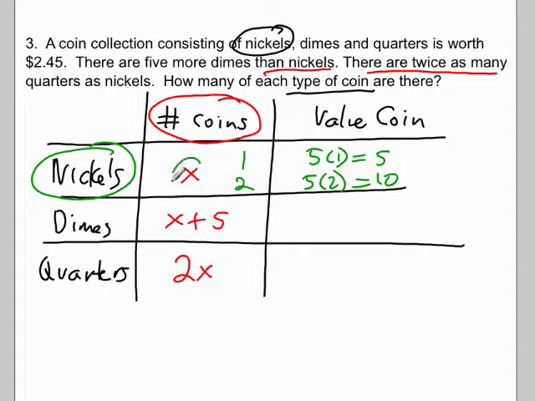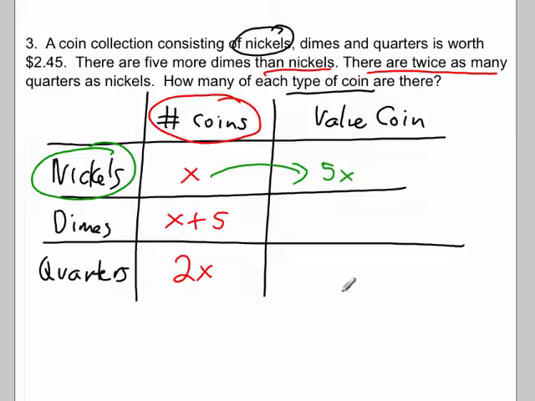So if I have x nickels, it's going to be 5 times x, 5 cents per nickel times the number of nickels. In other words, to convert from number of coins to value, I have to multiply my number by the value of the coin I'm talking about.